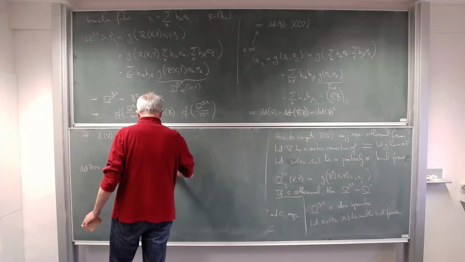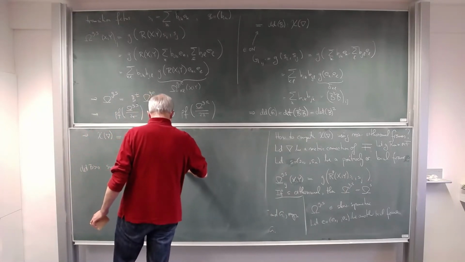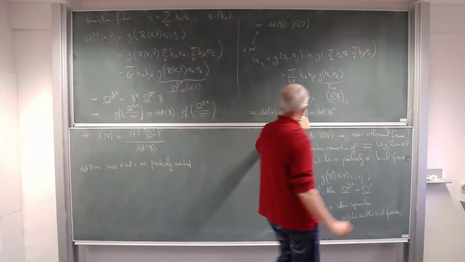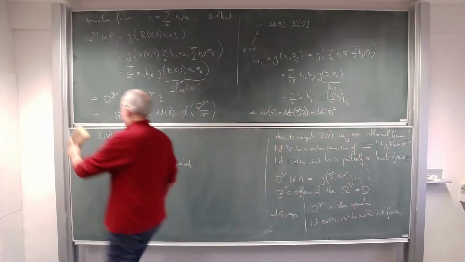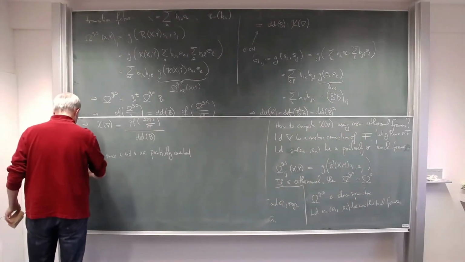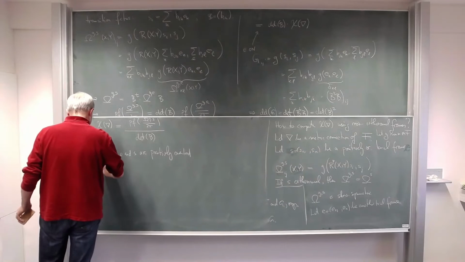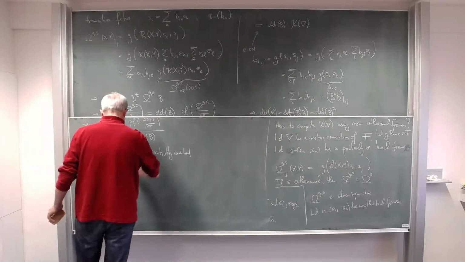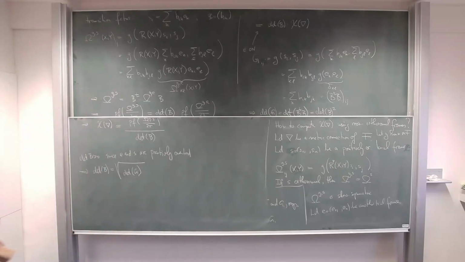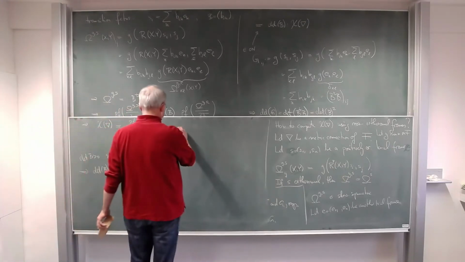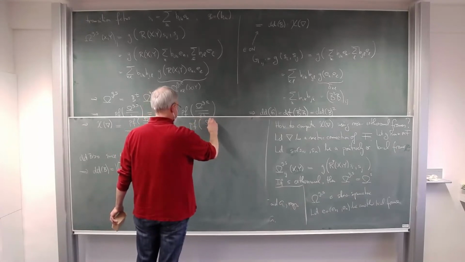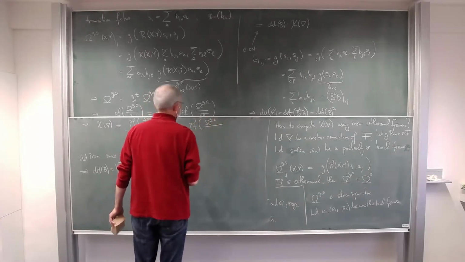And so if we look now at this formula, then we can conclude that the determinant of B is really the positive square root. So therefore, the determinant of B is the positive square root of the determinant of G. And inserting this here, we get the Pfaffian of omega^{G,S}.